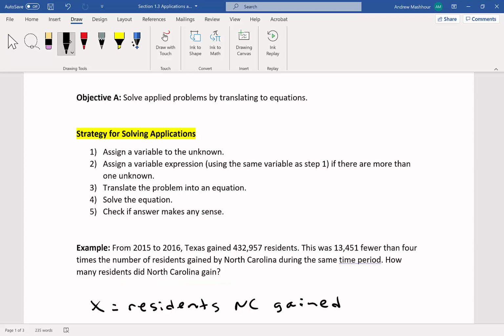And now let's take a look at any other information that was given to us. So it says from 2015 to 2016, Texas gained 432,957 residents. And then it's telling us this was 13,451 fewer than 4 times the number of residents gained by North Carolina. Okay.